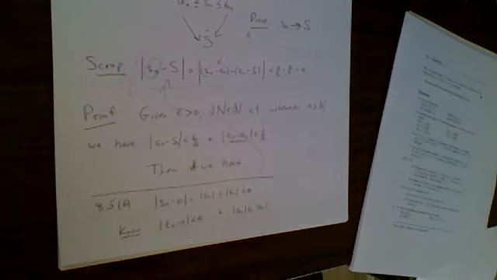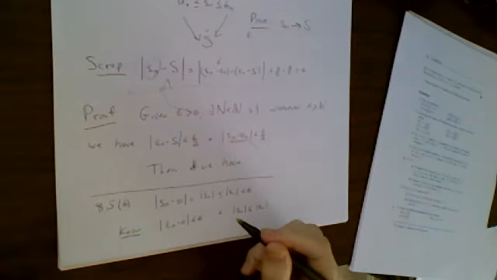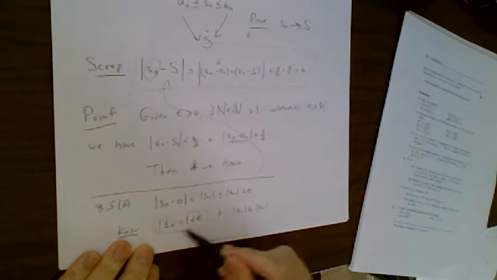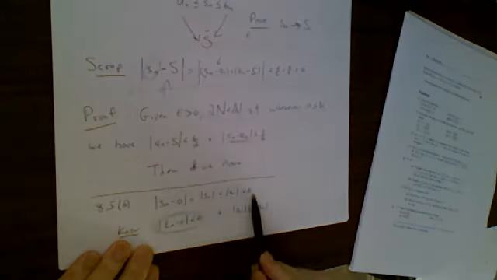So if you were going to write a more formal proof, given epsilon greater than 0, choose n such that this happens. And if this happens, then all this happens.